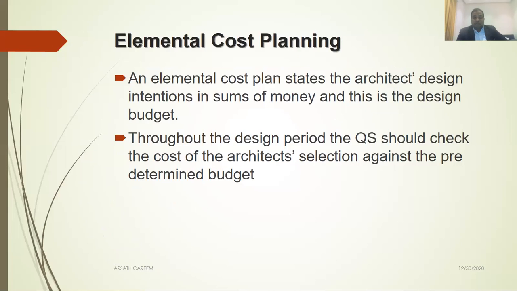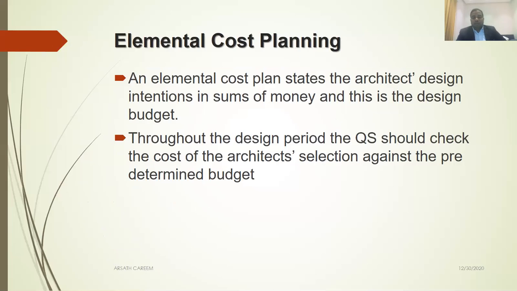This is further to elemental cost planning. The elemental cost plan states the architect's design intentions in sums of money, and this is the design budget. Throughout the design period, the QS should check the cost of the architect's selection against the predetermined budget. This we already discussed.